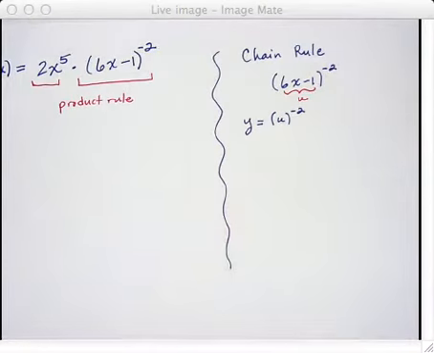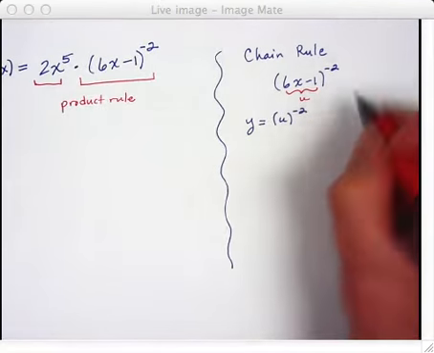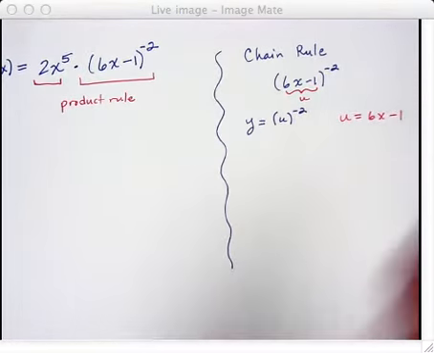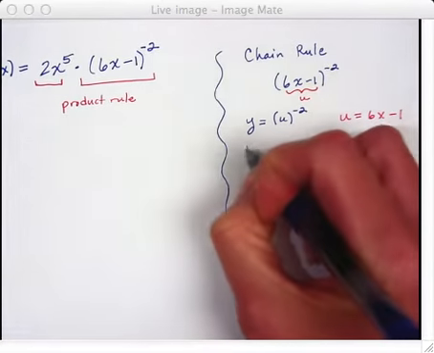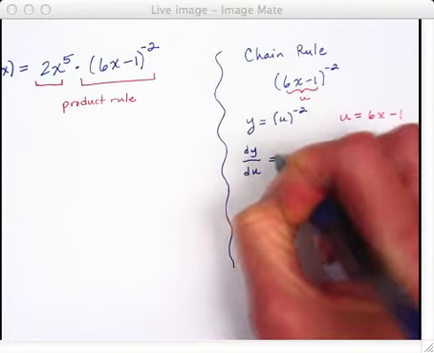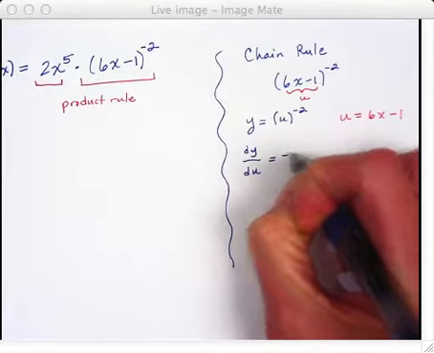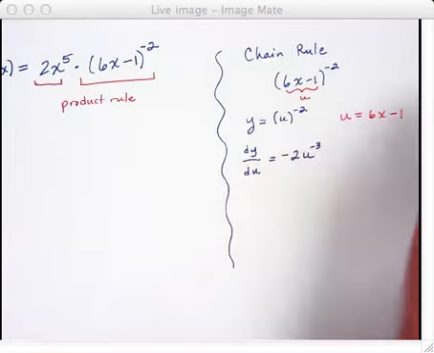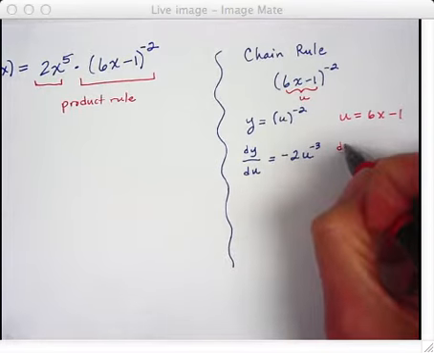And on the right side, I have my inside function, u, which is 6x minus 1. So dy/du equals negative 2u to the negative 3, and my du/dx is 6.